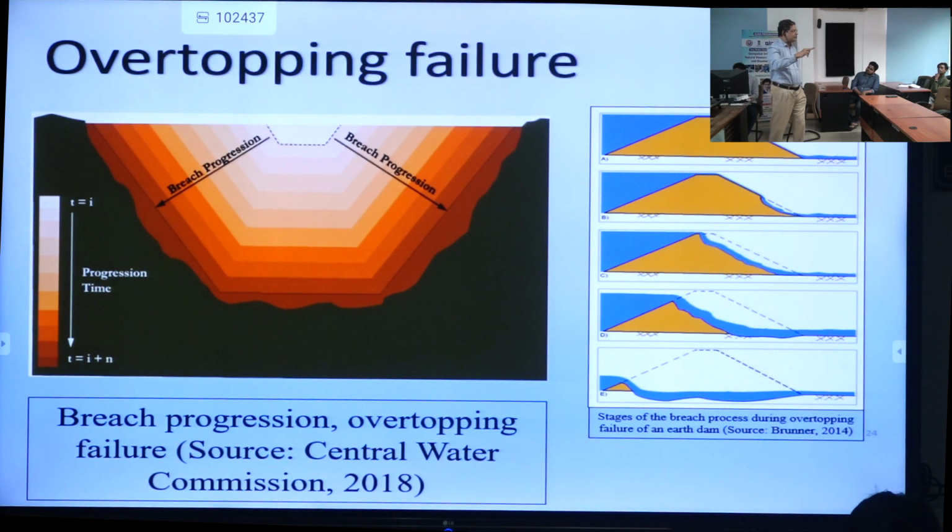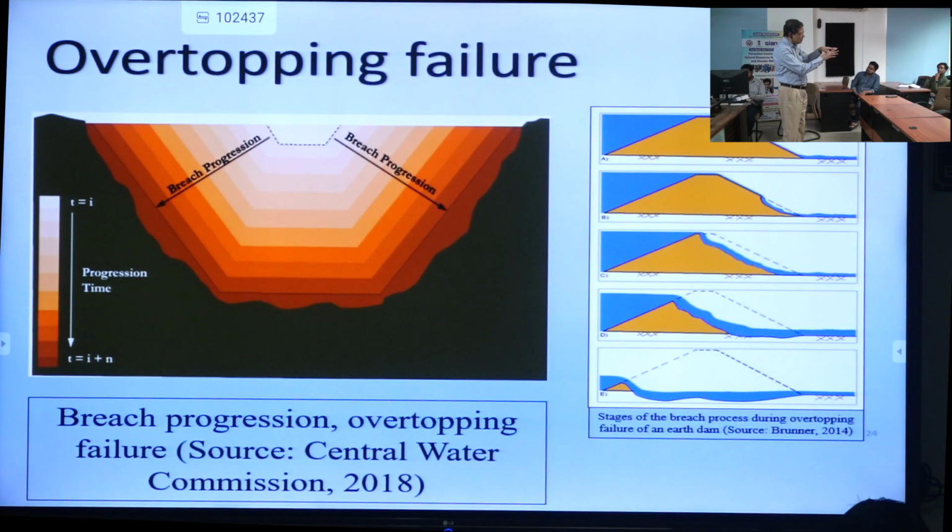Also note that the user has to provide some criteria for dam break. For example, when the reservoir water reaches the dam top level, dam break will initiate. That kind of thing is to be provided. And the dam break will start as a point.